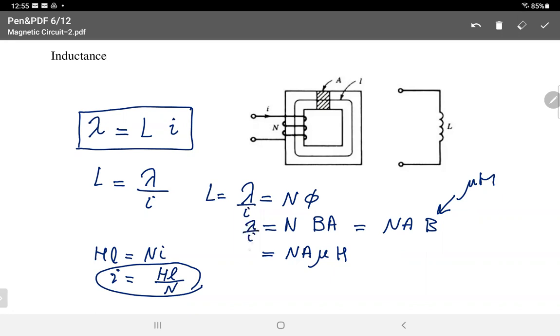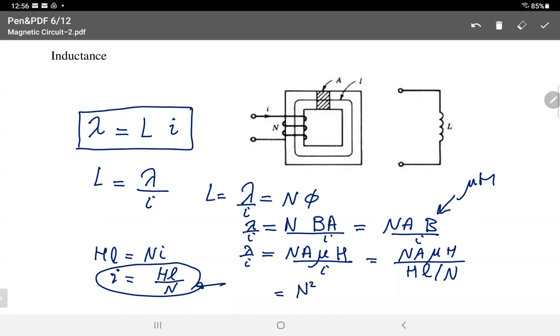Now I can replace I by this equation, HL over N. So N goes on the bottom, and on the top will be N squared. H cancels H. I got mu on the top, A on the top, L on the top.